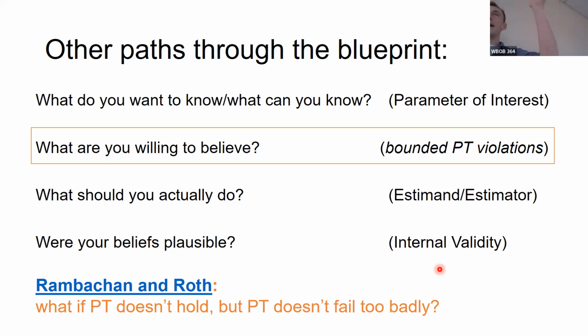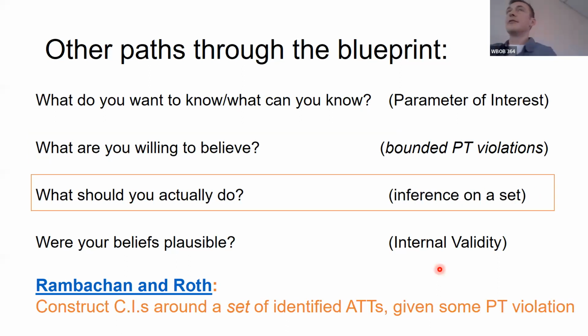And I'm willing to say what too badly means. Then you can bound your estimates, and you can use these really nice methods in Rambachan and Roth's paper to get a confidence interval around a set of identified estimates. So I don't know that the ATT is negative 2.3, but I'm pretty sure that it's between -3 and -1.5.